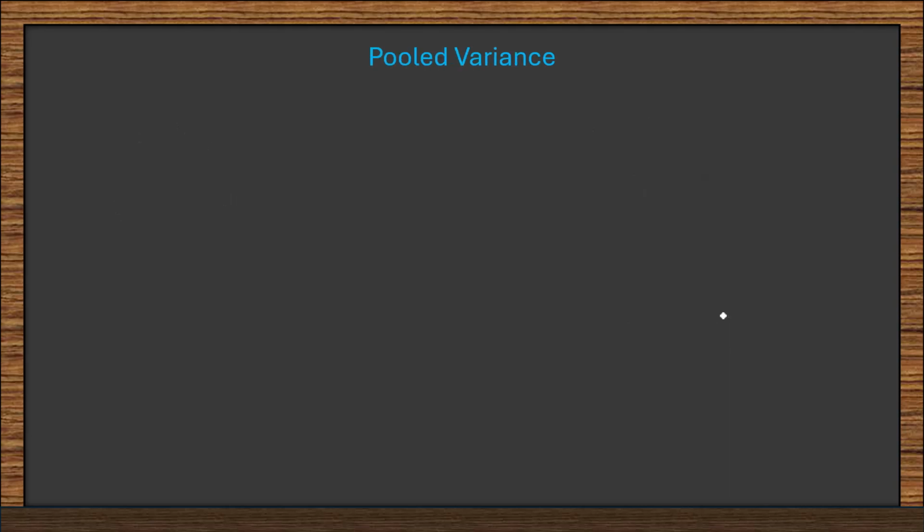Because it plays such an important role, I want to talk about this pooled variance. It comes from the fact that we have an equal variance assumption for the two-sample t-test. In other words, we're assuming that the variance for the first population in our dependent variable is equal to the variance for the second, which means it's equal to one number.